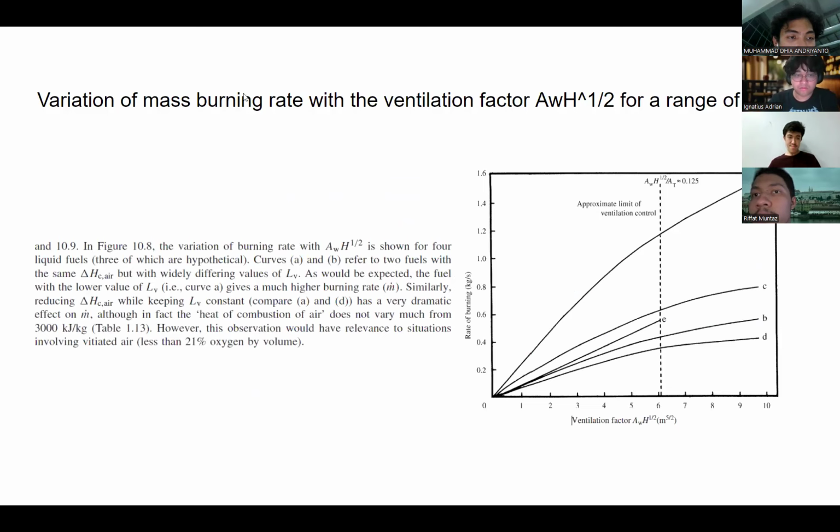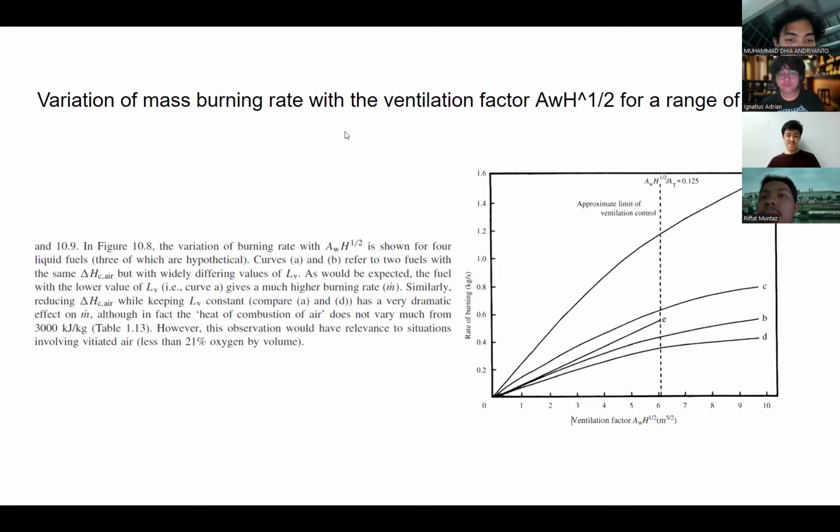There is some variation of mass burning rate with the ventilation factor AW√H for a range of fuels. In the books, they did some experiments, as you can see. The variation of burning rate with AW√H is shown for 4 liquid fuels, 3 of which are hypothetical. Curve A and curve B refer to fuels with the same delta HC, but widely differing values of LV.